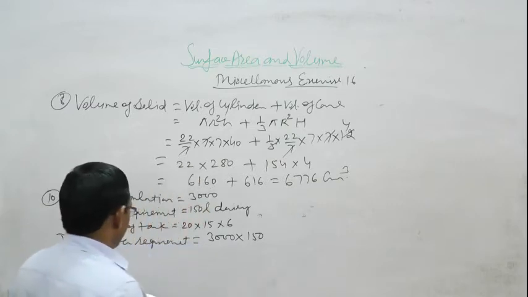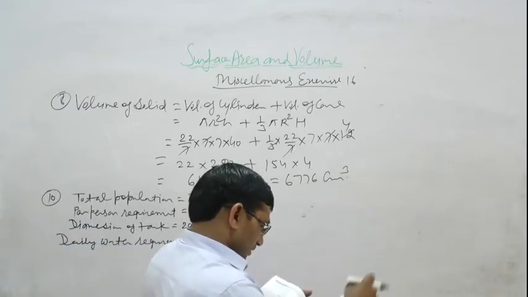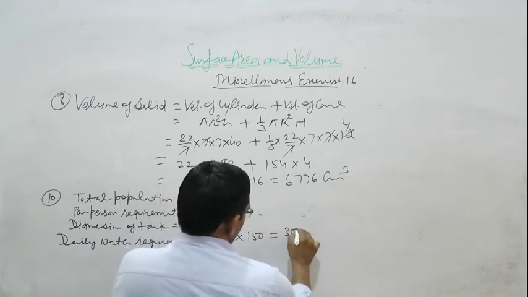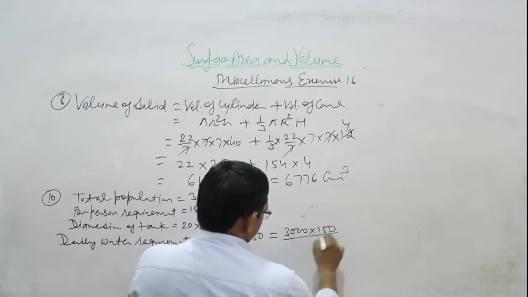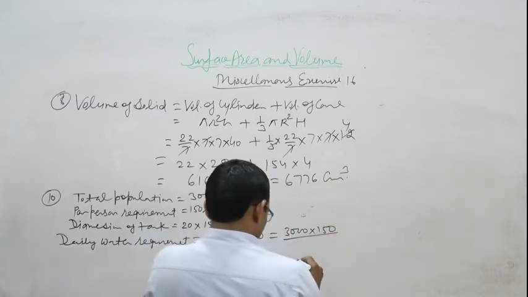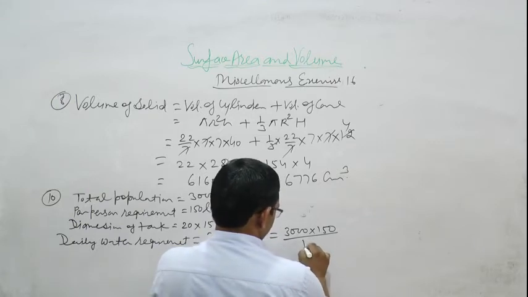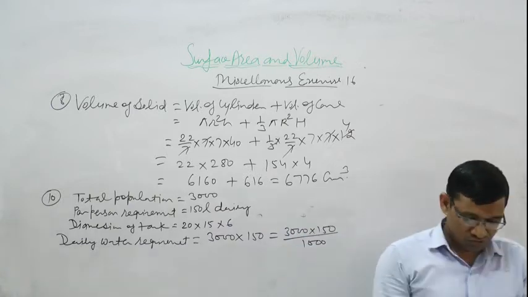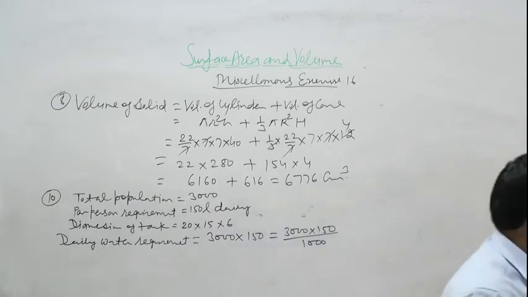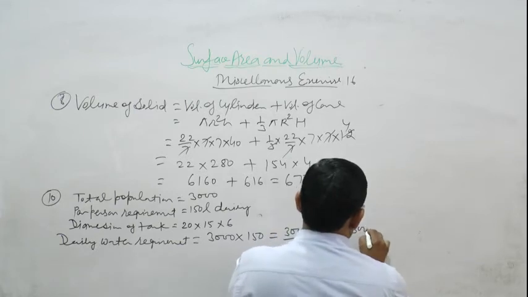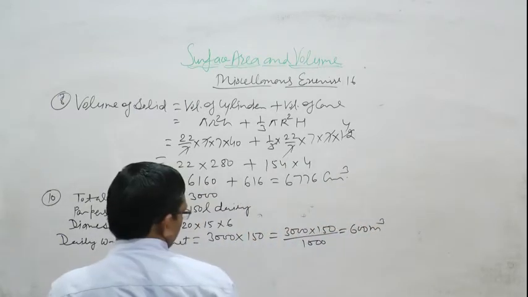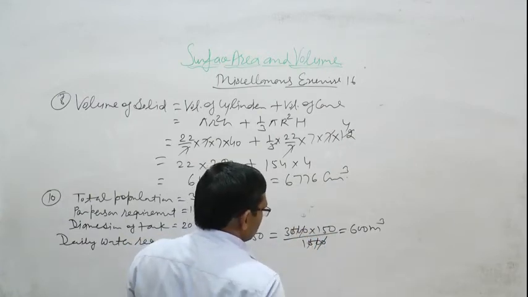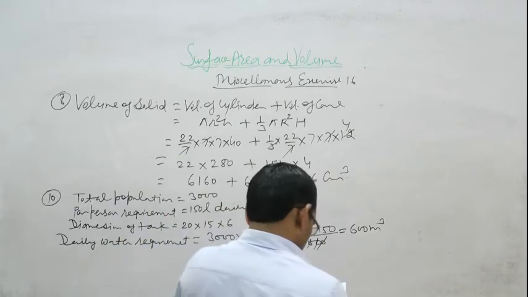So 3000 multiply 150 divided by 1000, we change into meter cube, so we get 600 meter cube. 3 zeros cancelled by 3 zeros.